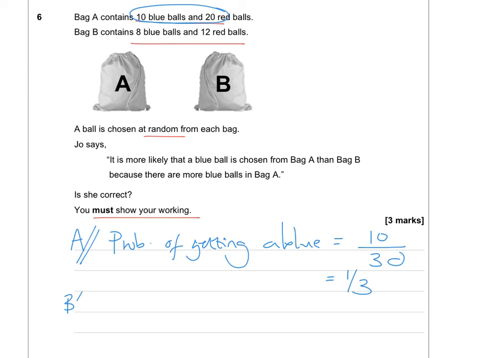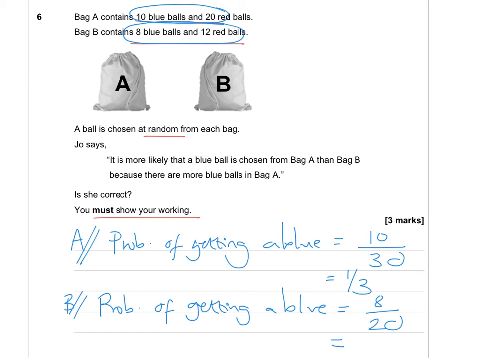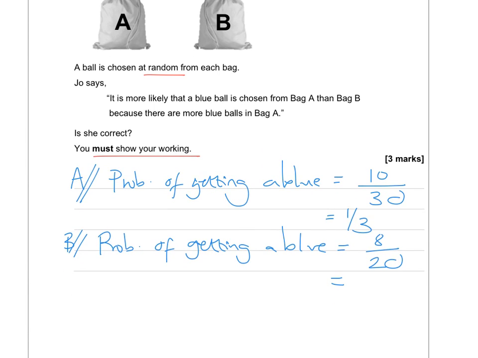For bag B, the probability of getting a blue is equal to 8 over 20 because there are 20 balls in total in the bag, and this simplifies down. We can write it as 2/5.